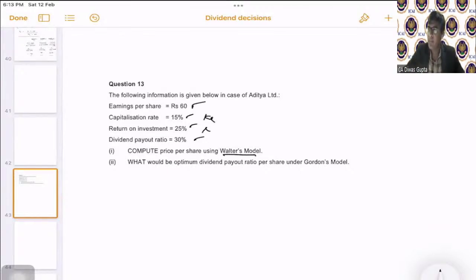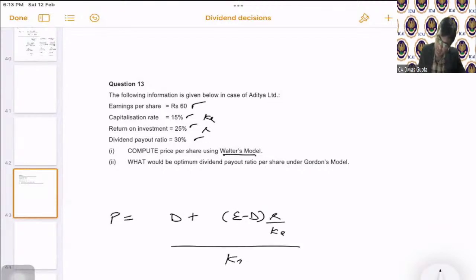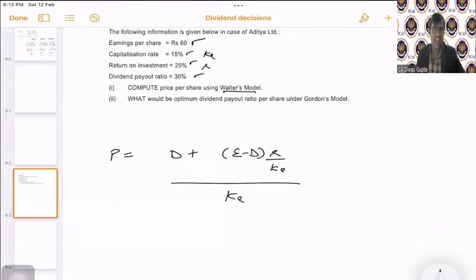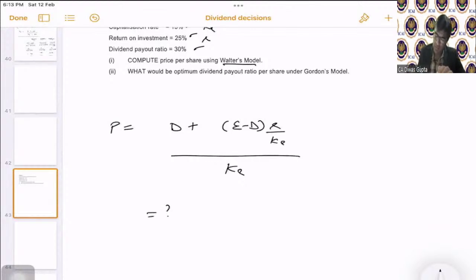We can simply apply the Walter's model: P is equal to D plus (E minus D) R divided by KE, whole divided by KE. Students, please put in the numbers because everything is given to us: earnings per share, dividend, everything.